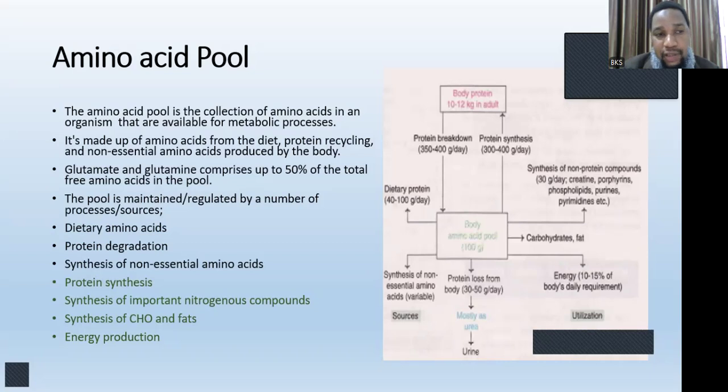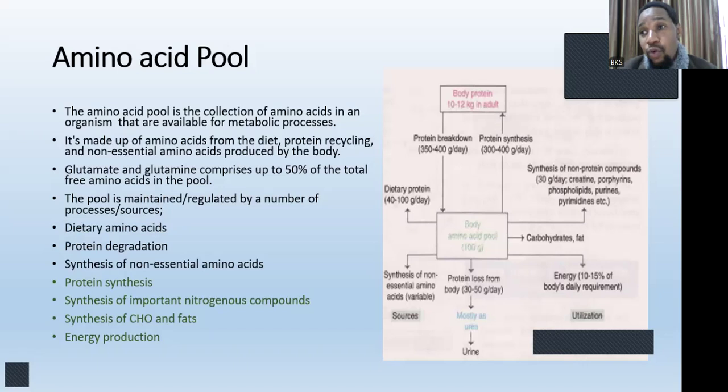Before then, I talked about dietary amino acids. In dietary amino acids, like I said, you can have some organisms whose food is mostly protein, especially carnivores. Whatever they eat is majorly protein.